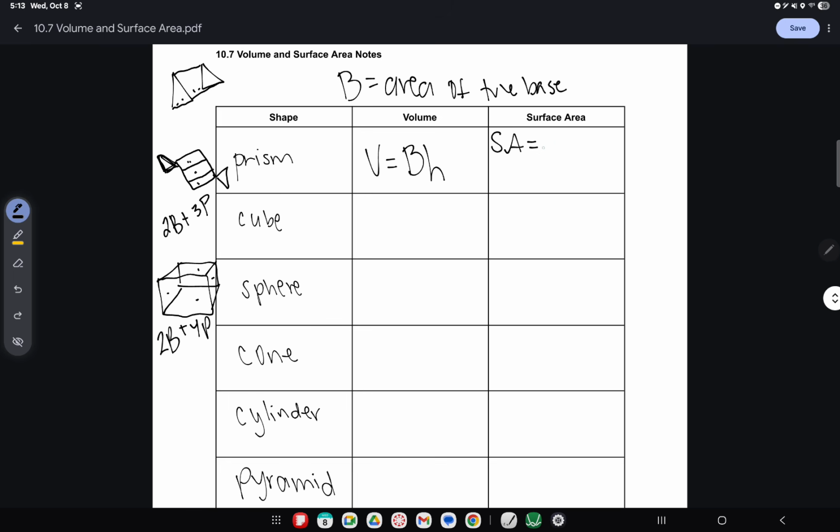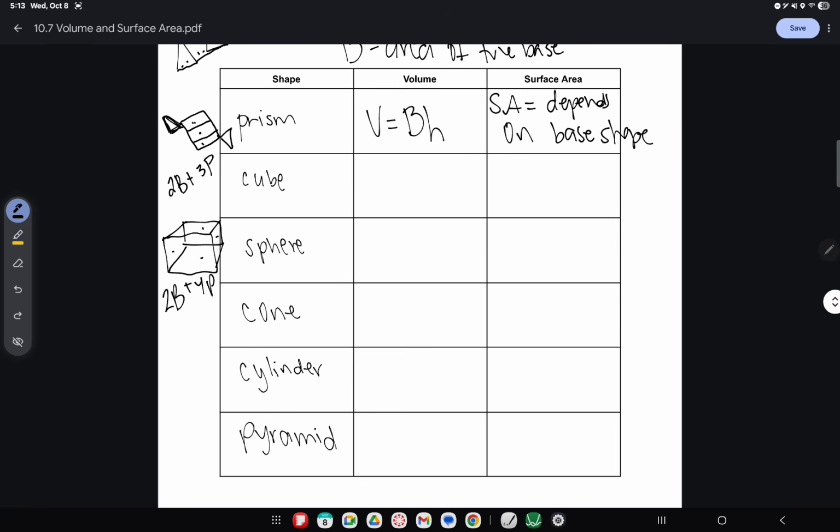So that's what I put: depends on base shape. So for a cube, let's try and draw that.